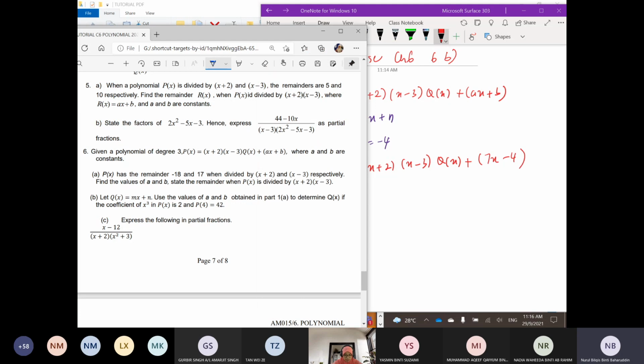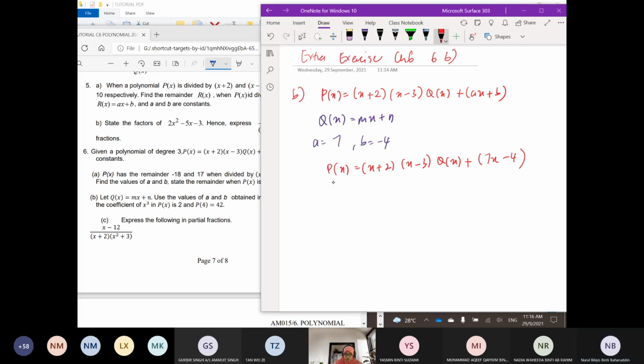Determine Q(x) if the coefficient of x cubed in P(x) is 2. So P(x) is ax cubed plus bx squared plus cx plus d. The coefficient of x cubed in P(x) is 2, and P(4) is 42.